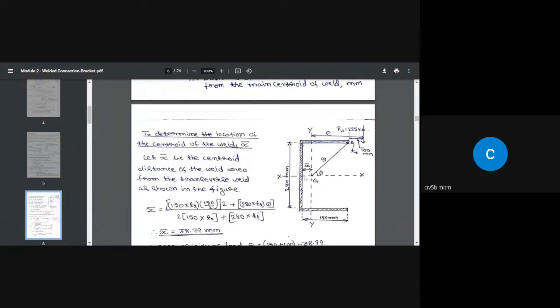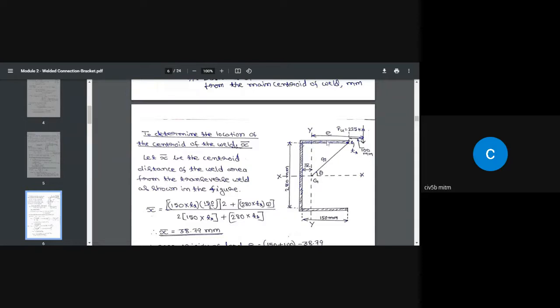That means the centroid is located somewhere along this x-axis, say x bar distance from this vertical weld. We need to find out what is x bar. So x bar equal to this area, that is 150 multiplied by the thickness of the throat, divided by 150 by 2.